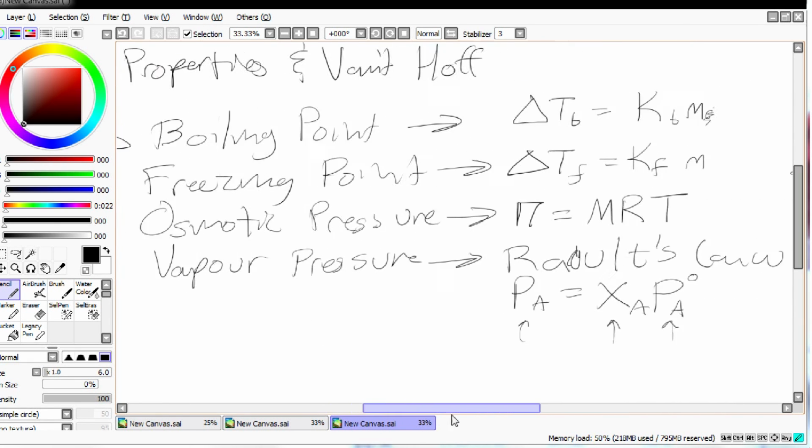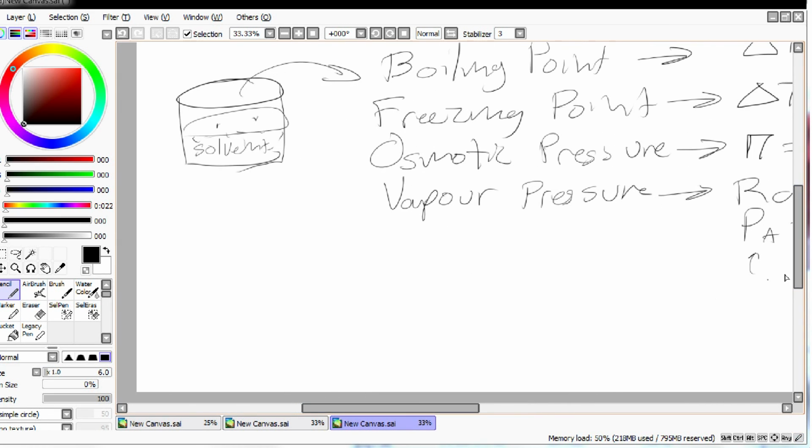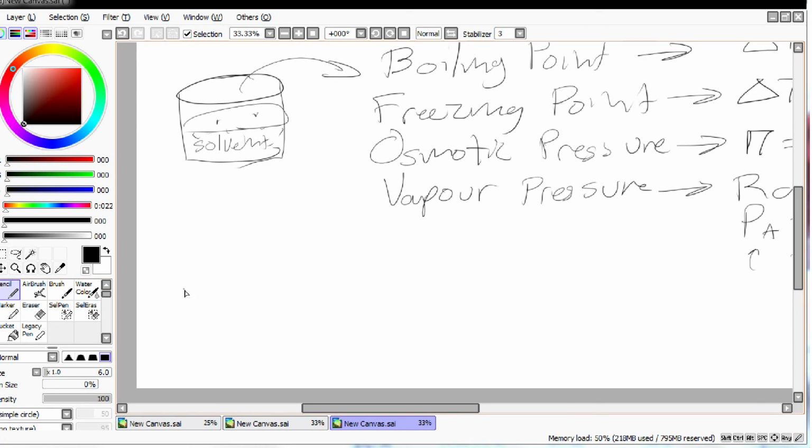Okay, so now that we have all of this out of the way, what is the Van't Hoff constant or factor? What people usually say is the Van't Hoff factor, so keep that in mind. The Van't Hoff factor is something that describes the effect of solute on colligative properties as listed above here. The factor is usually denoted by an i, and i equals 1 plus alpha times n minus 1.